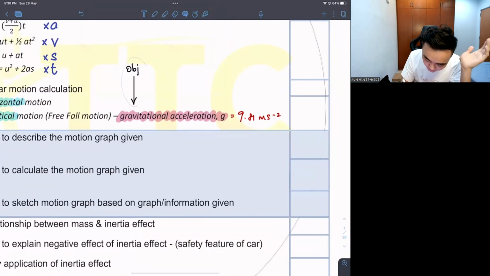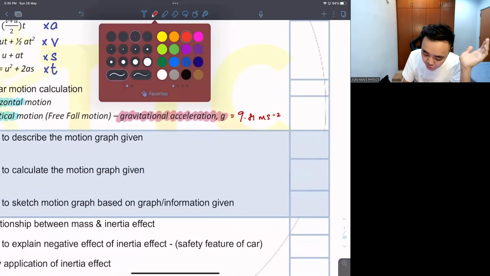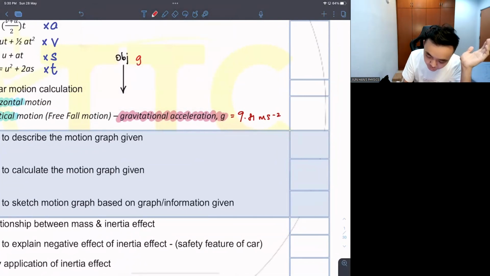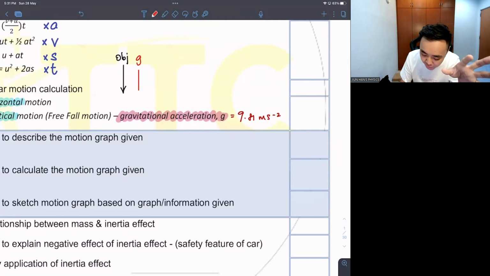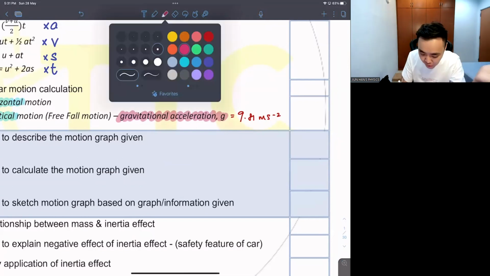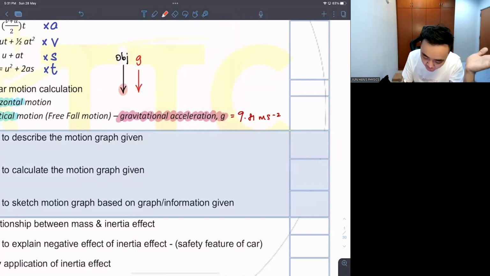Now, gravity, what direction? Always downwards. Gravity doesn't care about you. You go up, it goes down. You go left, it goes down. You go right, it goes down. You go down, it goes down. So gravity always goes downwards. Then what you need to do is very simple: pay attention to your object and your gravity.